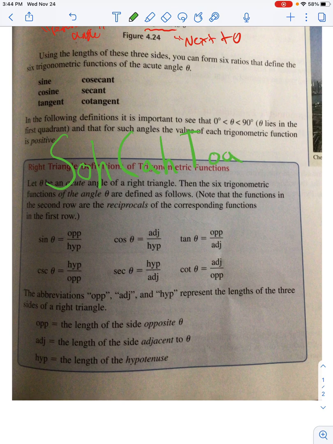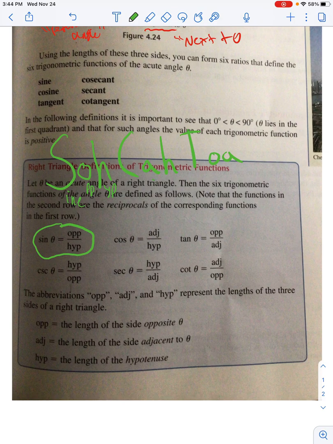For our sine function, we go opposite divided by hypotenuse. Sine: opposite divided by hypotenuse.